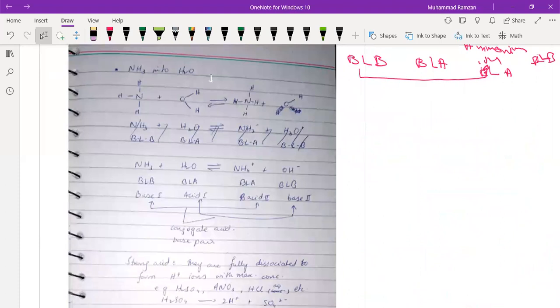This is all written, and the plus sign is omitted over here, and this is plus basically, and this is minus basically, and it's labeled below. Is it clear or not?